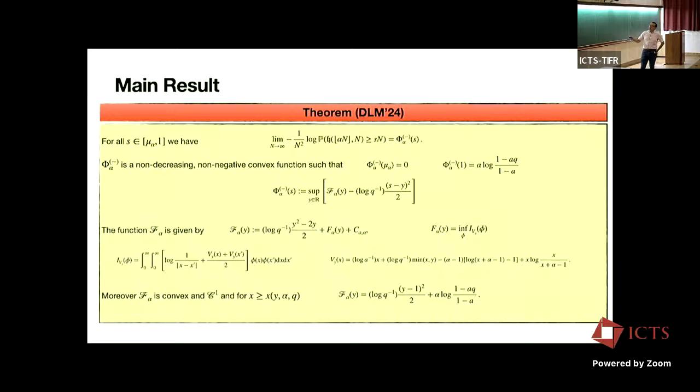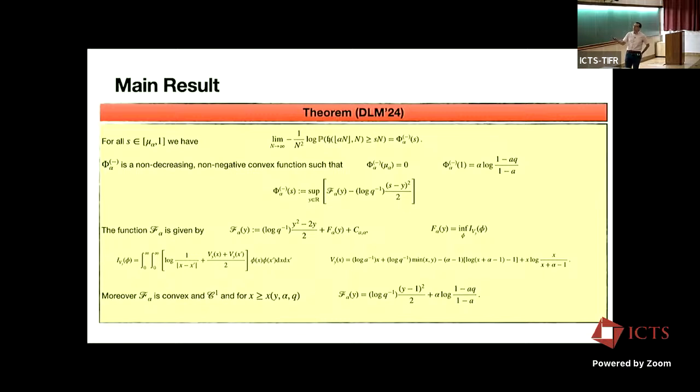So let's discuss the function f alpha. The function f alpha is given here. There are some constant factors, and then there is a function f alpha here, where f alpha is the infimum over a certain class of functions phi of a functional I, which is written here. This is a log gas because of this logarithmic term, and the potential in this log gas is given by this function here.